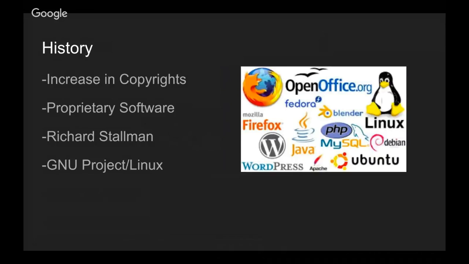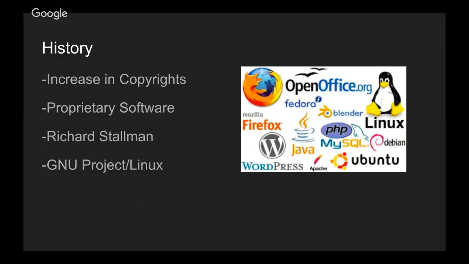I think it's very important to understand where the open source movement came from and how it has influenced our world today. So, in order to do that, I will share a brief history of open source. In the late 70s and early 80s, manufacturers began to increase the use of copyrights on their technologies, withholding source code. Proprietary software began to take over the world of technology.